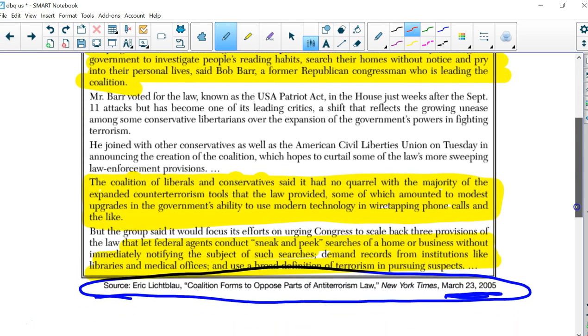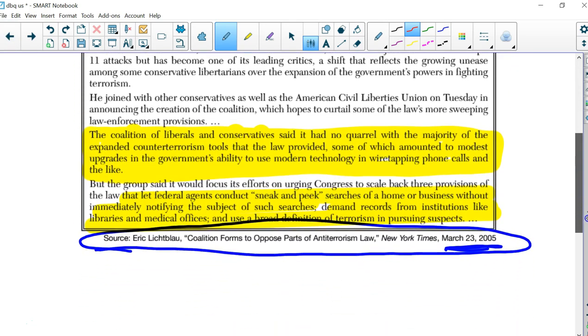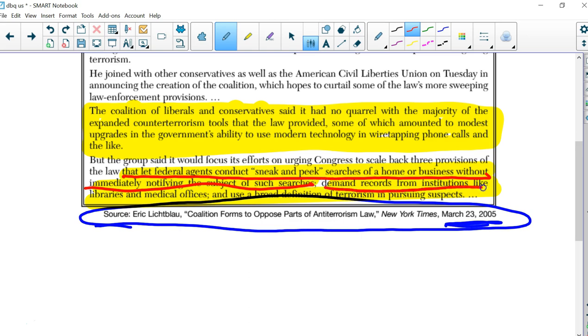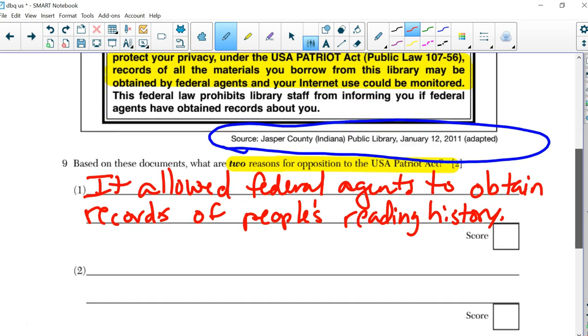Let's take a look down here. How about this? It let federal agents conduct sneak and peek searches of homes without immediately notifying the subject of the searches, demand records from institutions like libraries and medical offices. Okay, so we just did that. You can actually expand that one because that's in one sentence there. We can actually write that.